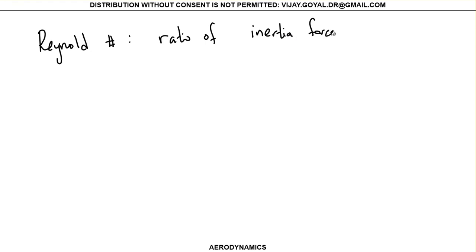In general, if I'm going to give you a full definition, this is a very important number, and we see this all the time. The Reynolds number is nothing else than the ratio of inertia forces divided by viscous forces.